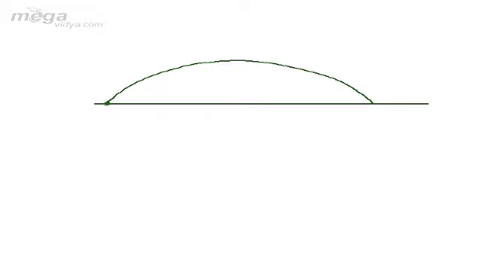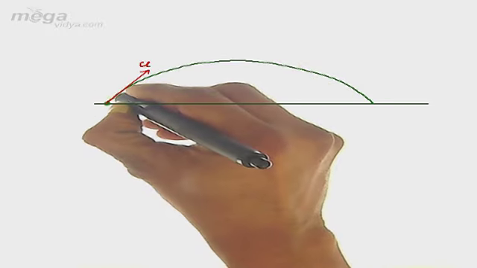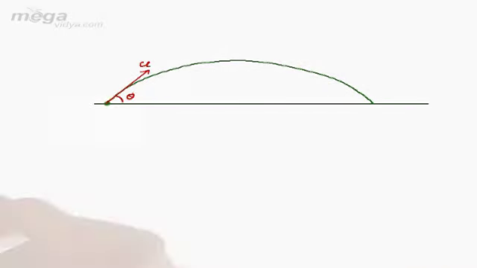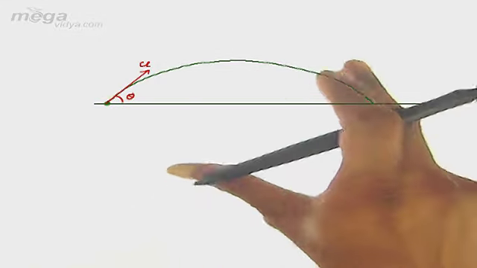We have seen in our earlier lectures that if this projectile is thrown in this direction with velocity u at an angle theta with the ground, then in our previous studies of projectile motion, we had considered a particular reference frame as the xy coordinate system, with the x-axis along the horizontal and the y-axis along the vertical.